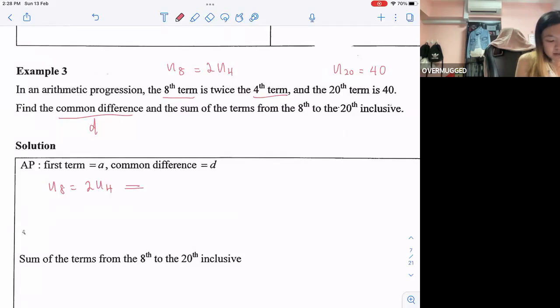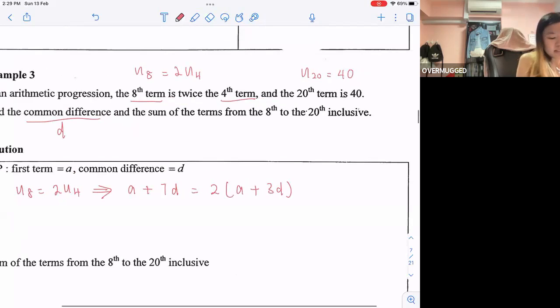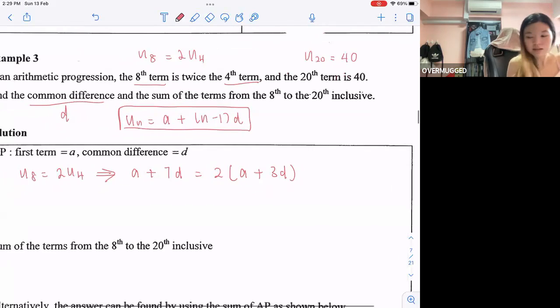In other words, if I write everything out, it will be A plus 7D is equal to 2 times A plus 3D. I'm using this general formula that we learned just now, where Un is actually A plus (n minus 1)D. So that's how I got this.